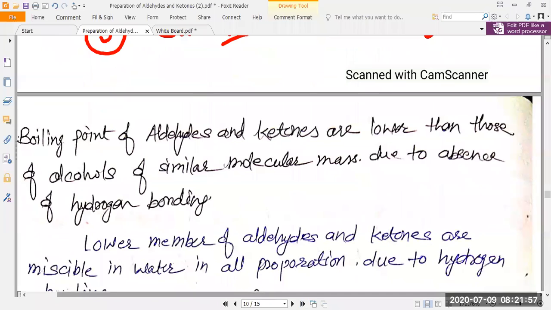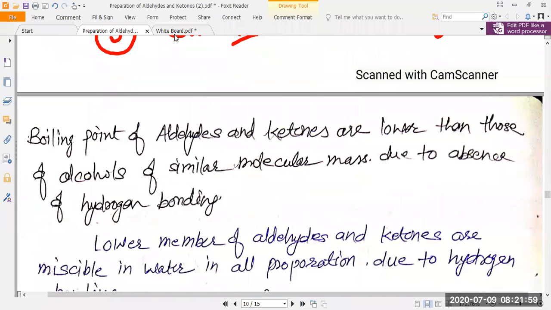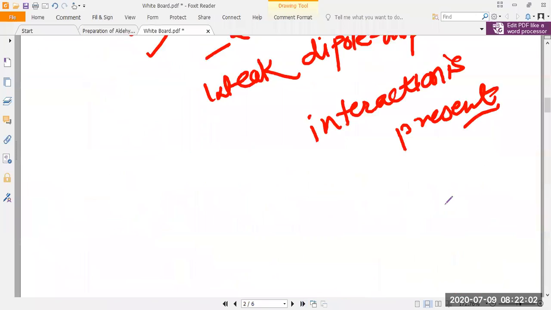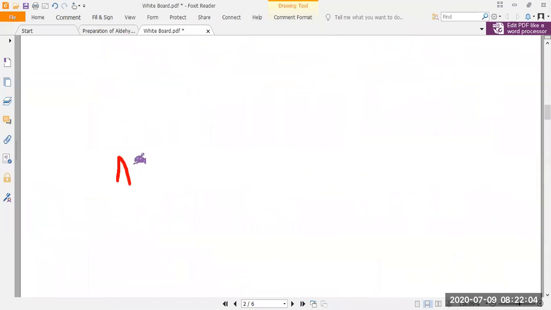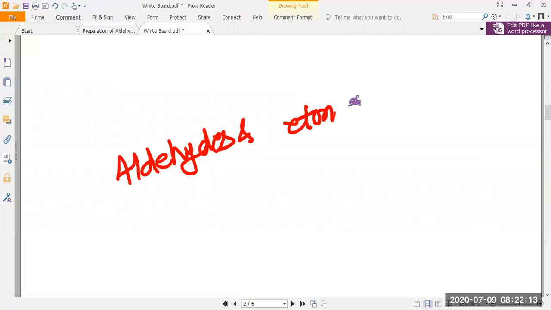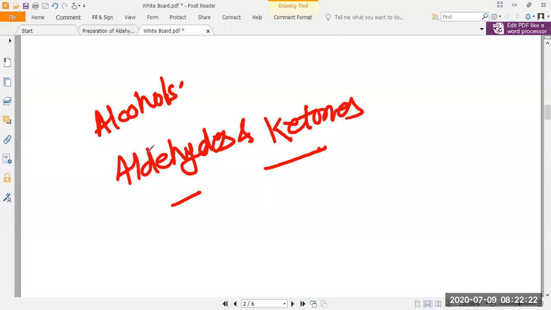of hydrogen bonding. So what is the point? If we take aldehydes and ketones and compare them with alcohols, then the boiling point of alcohol is much higher as compared to aldehyde and ketone.